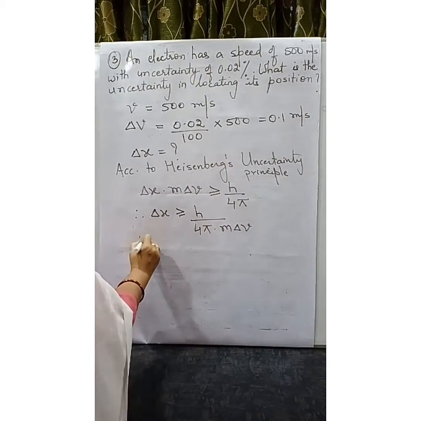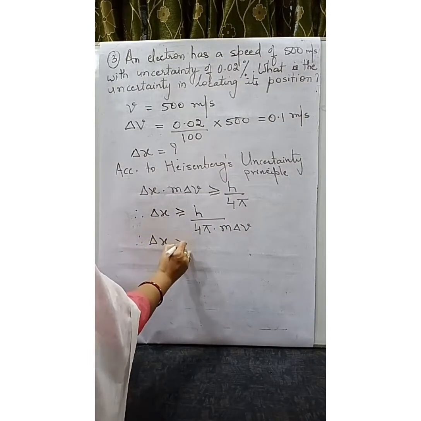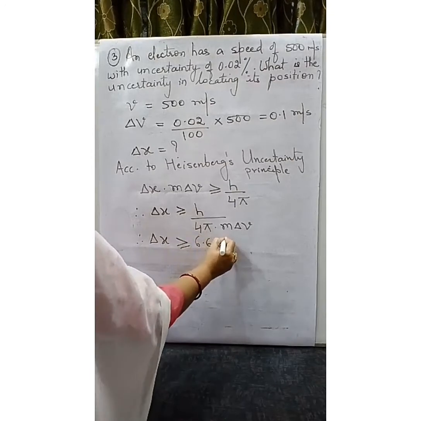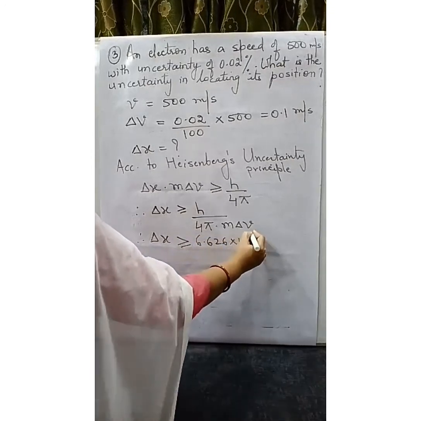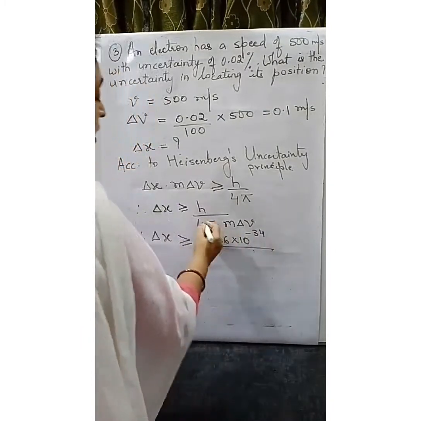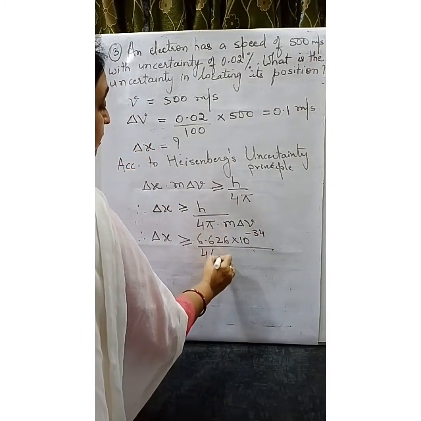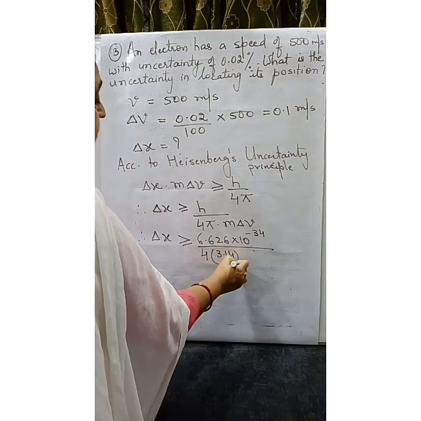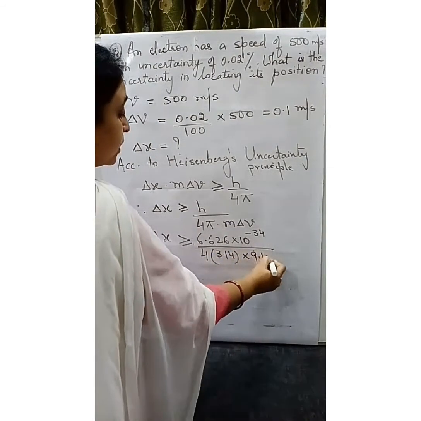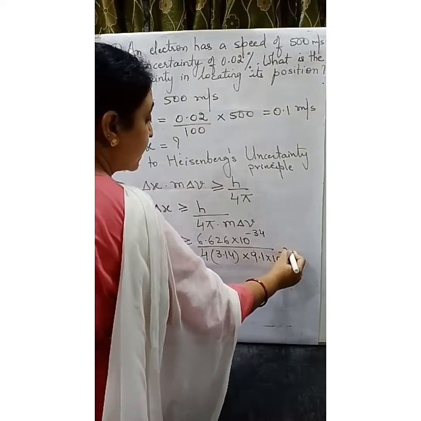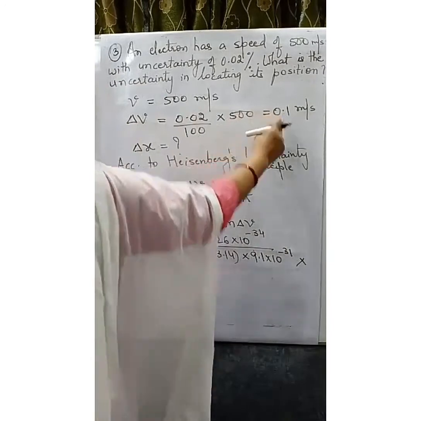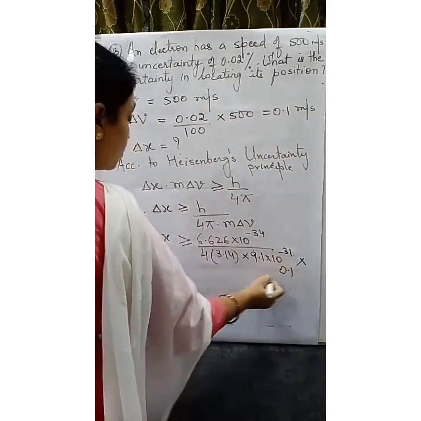Put the values. Therefore, delta x is greater than or equal to h, Planck's constant, 6.626 into 10 to the power minus 34, upon 4 into 3.14, the value of pi, into the mass of electron 9.1 into 10 to the power minus 31, into your delta v, which is 0.1.